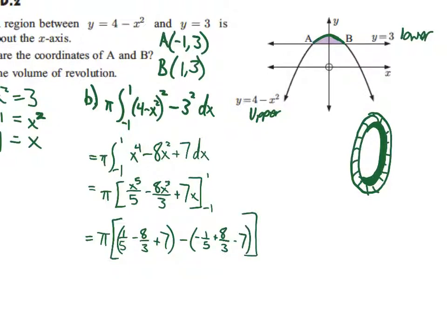So when I add all those together, I have pi times 2/5 minus 16/3 plus 14.